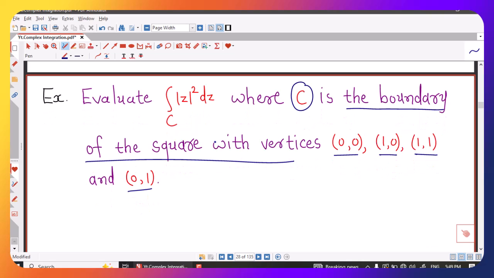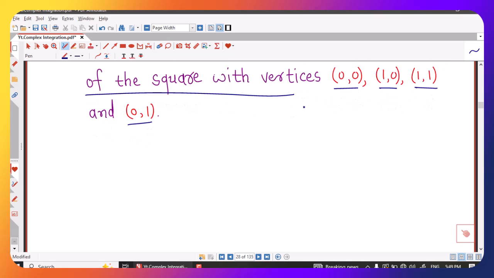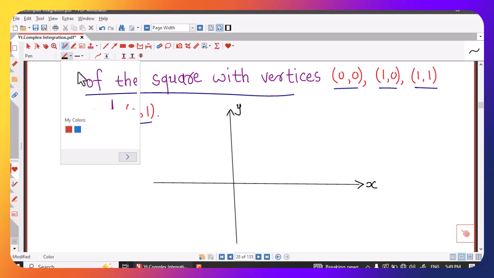So first we try to sketch this boundary of the square with these vertices, and then we will have the idea about the given contour. So I roughly sketch this square with all these vertices. Suppose this is imaginary axis or y axis, this is real axis or x axis, and we have to consider the square with vertices 0 0, this is 0 0.